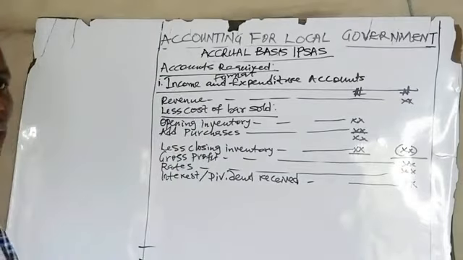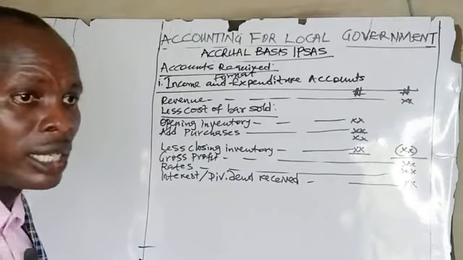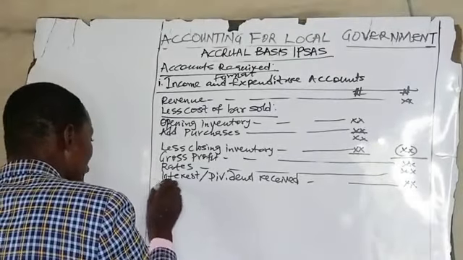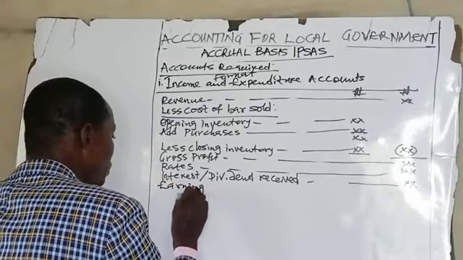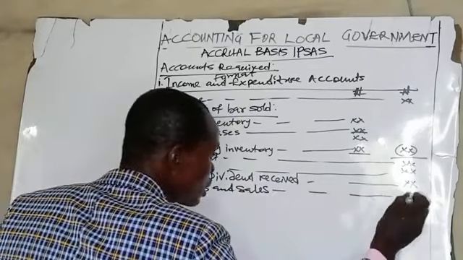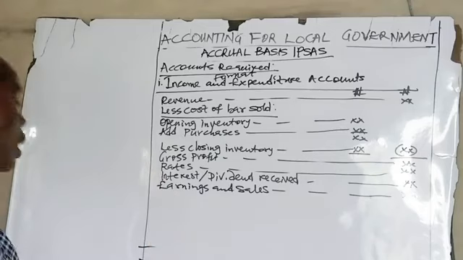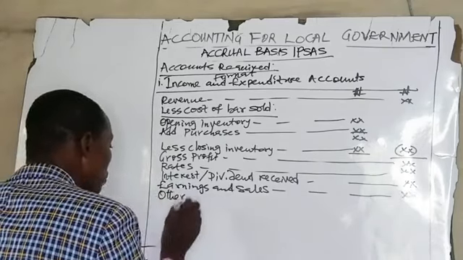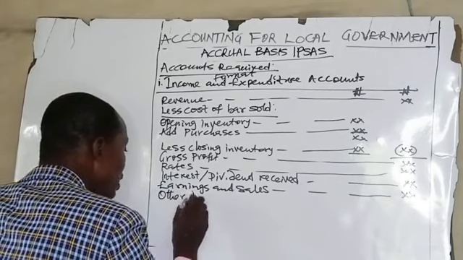You may add that in case they are given. Earnings and sales. Then you may have various other incomes.